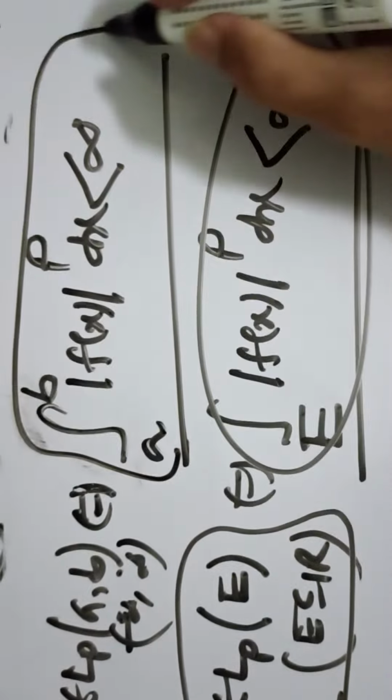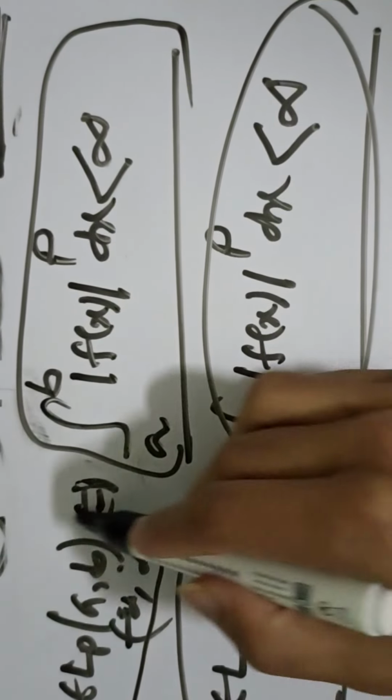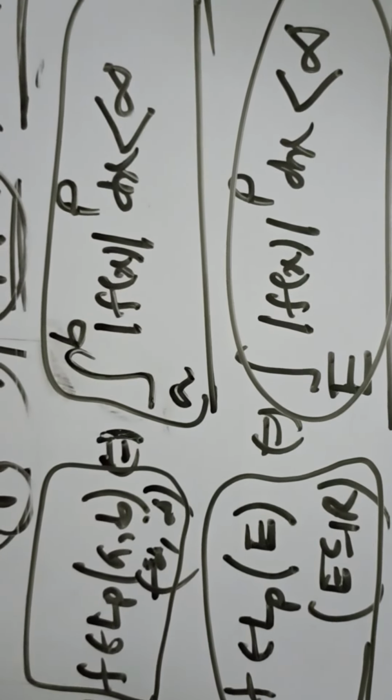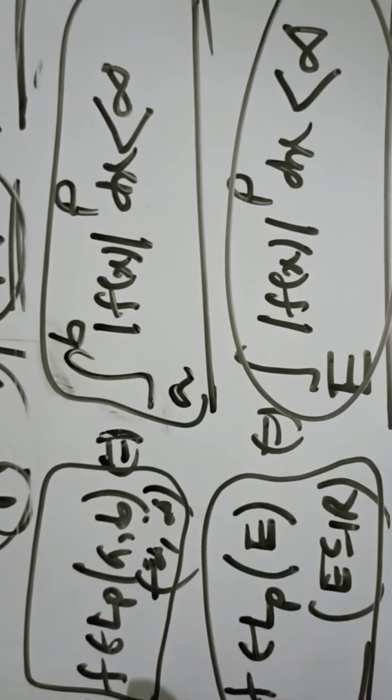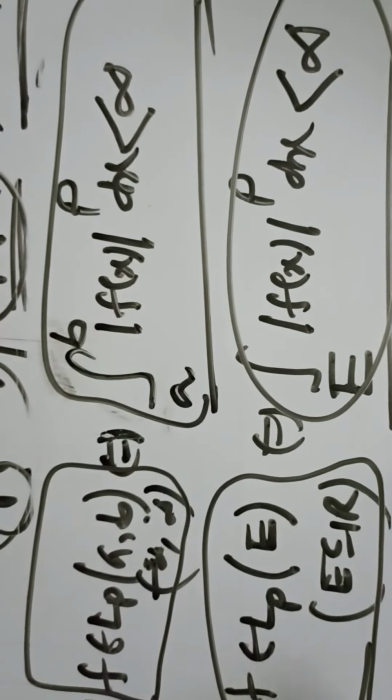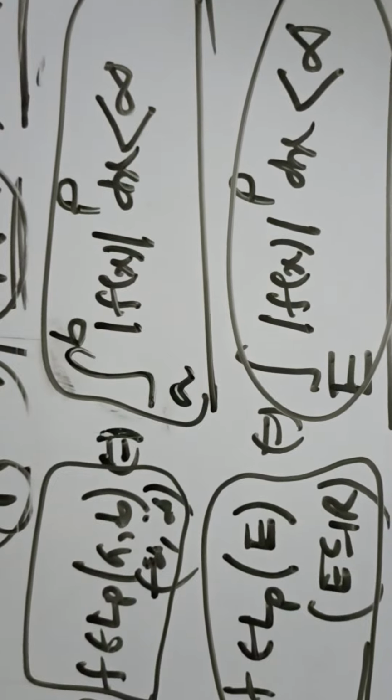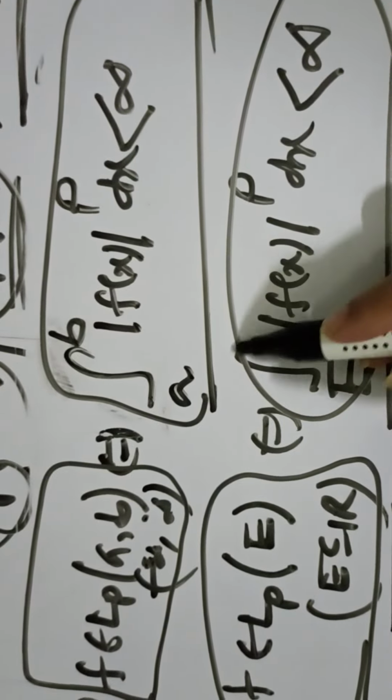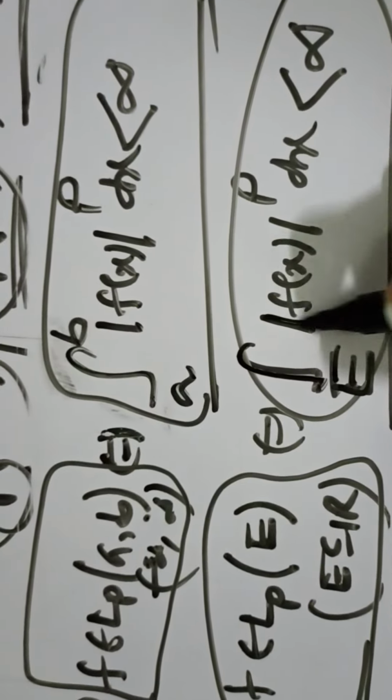If this integral is finite, then we can tell that f belongs to LP(E), or that f belongs to LP(a, b). That is, f belongs to LP[a, b] if and only if the integral from a to b of |f|^p ds is finite, and f belongs to LP(E), for E any subset of R, if the Lebesgue integral over E of |f|^p ds is finite.